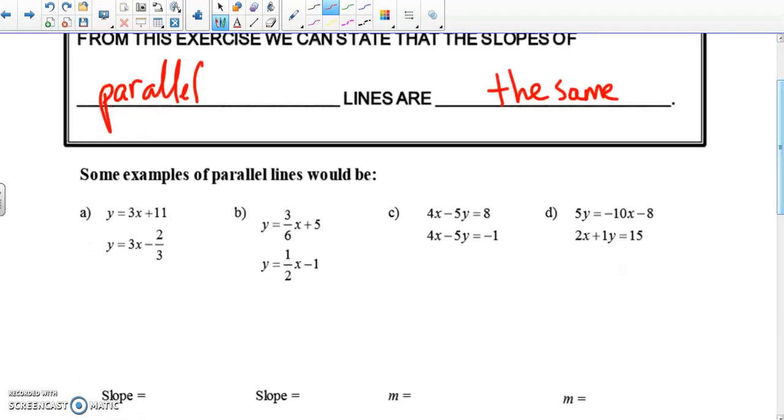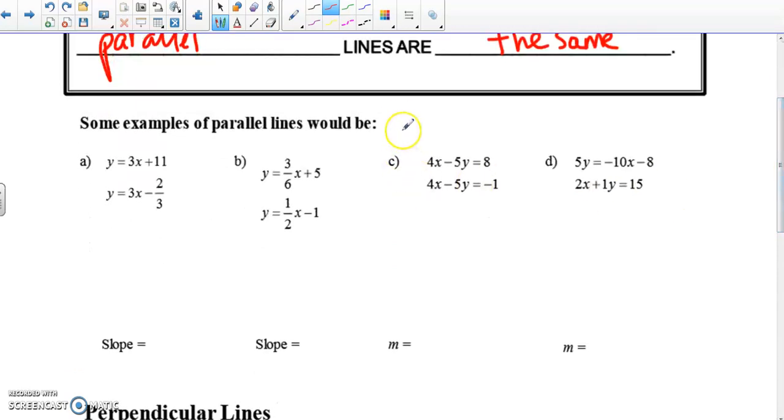Alright, so looking at a couple quick examples, remember the whole thing that we have to do first, before we start looking at the slopes, is we have to get y by itself. So for example A, we can see the y variable is already by itself, it's already isolated. The slope of both of those lines is 3.